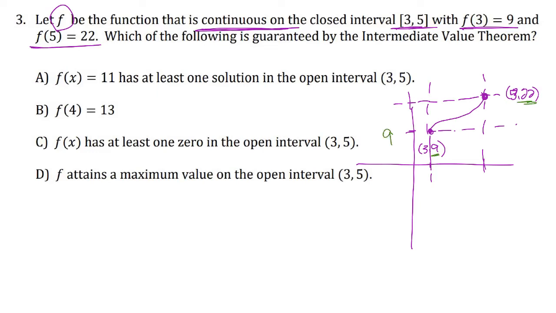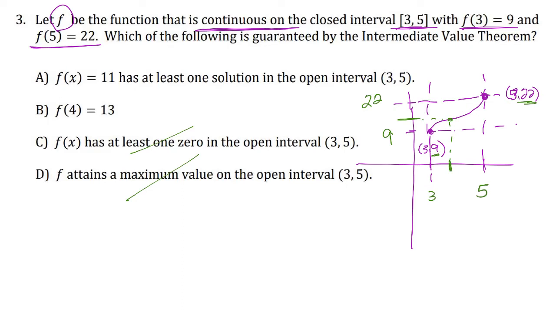So somewhere between 9 and 22, there's a y value that goes with this x value that's somewhere between 3 and 5. So if we know that, then we know those 2 things are not going to be the answer.